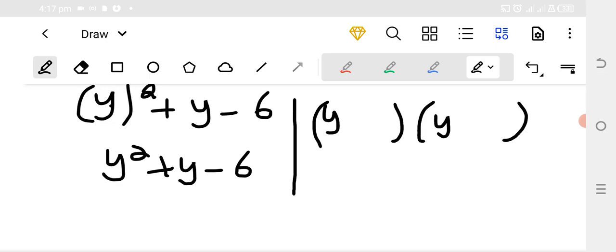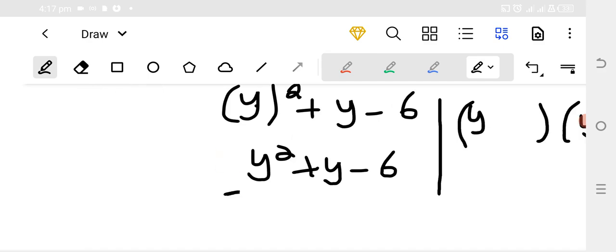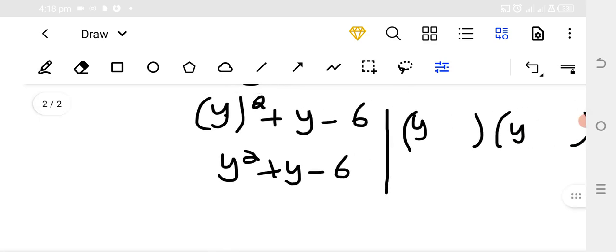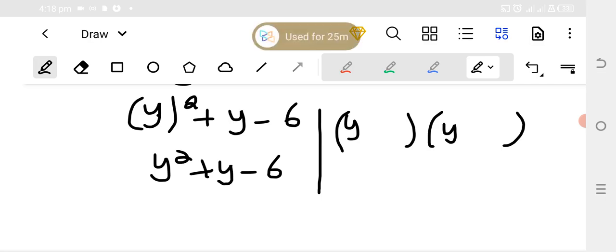Then you say which two numbers can multiply to give you negative 6? There are many numbers, okay? The product of the number in front there and the number in front there: the number right there is negative 6, the number right there is a positive 1. Multiplication of those two numbers gives you negative 6. So the two numbers are positive 3 and negative 2. That's why I did that.